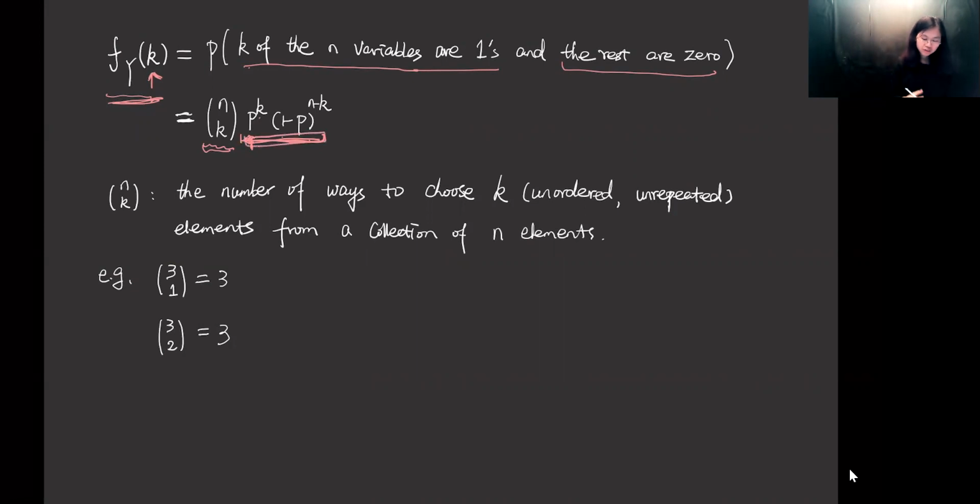And there are typically more than one such outcomes consistent with k successes. And this number here, I write big parenthesis n k, that is the number of outcomes with k successes. What is this number? This number is read as n choose k.